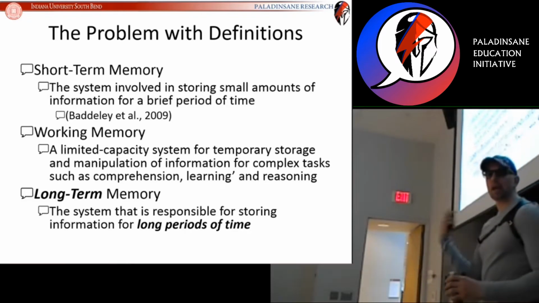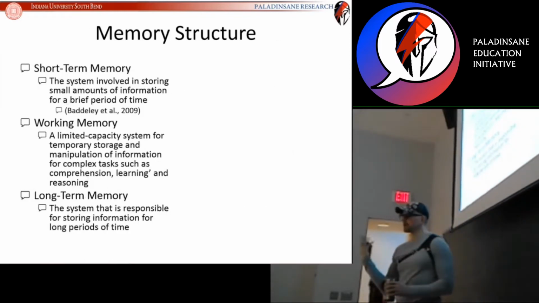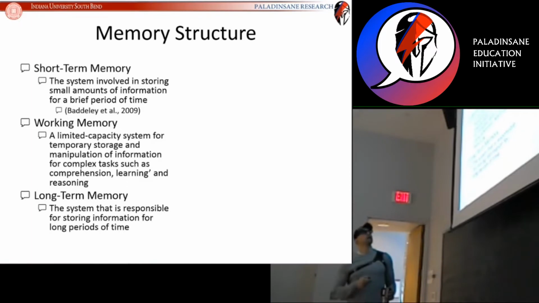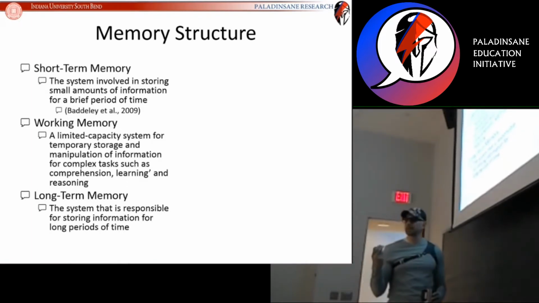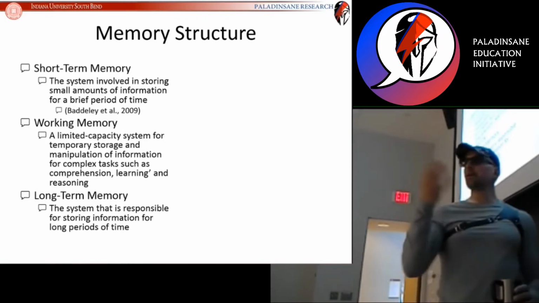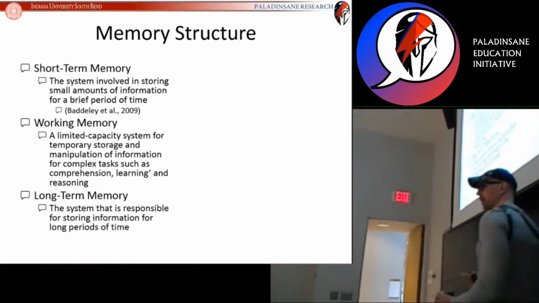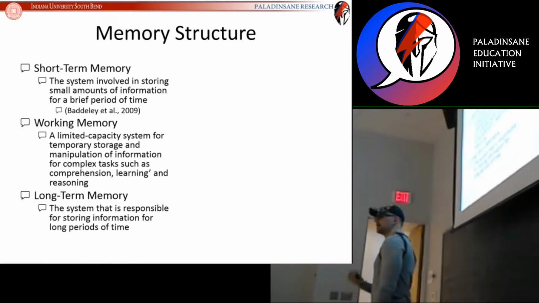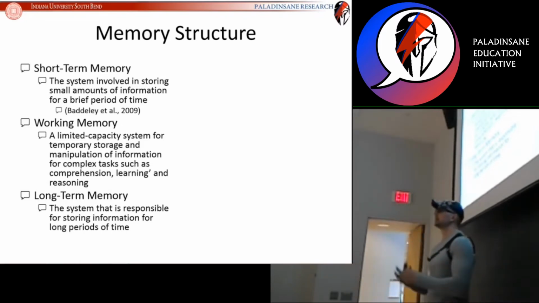So this is the case with these types of definitions. And this is the reason why memory structure is vitally important. Because if you have different modes of memory, if they actually exist, then there has to be different structures underlying them.